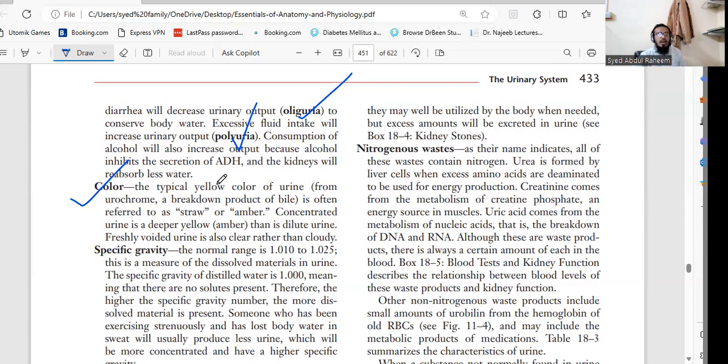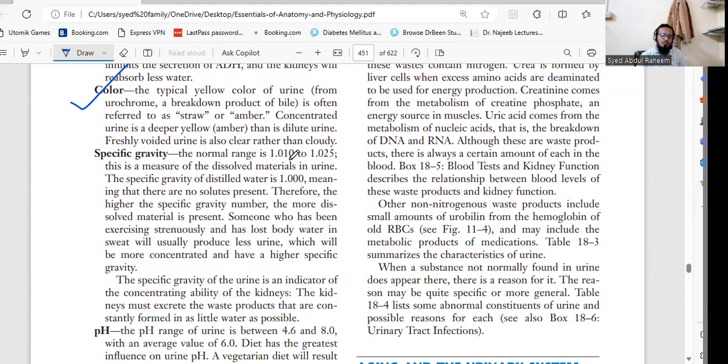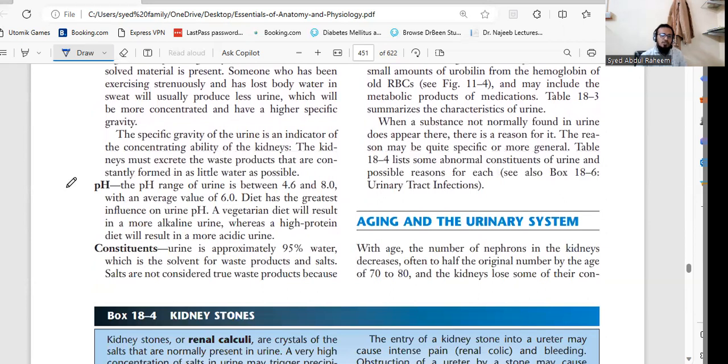If you have less amount of water, then you have a deeper color of yellow. What is the specific gravity? Mostly it is 1.010 to 1.025. What is the pH? It is slightly acidic, around 6.0. If you take a high protein diet, it will be more acidic. If you take a less protein diet or vegetables, they are alkaline in nature. So both balance is needed.